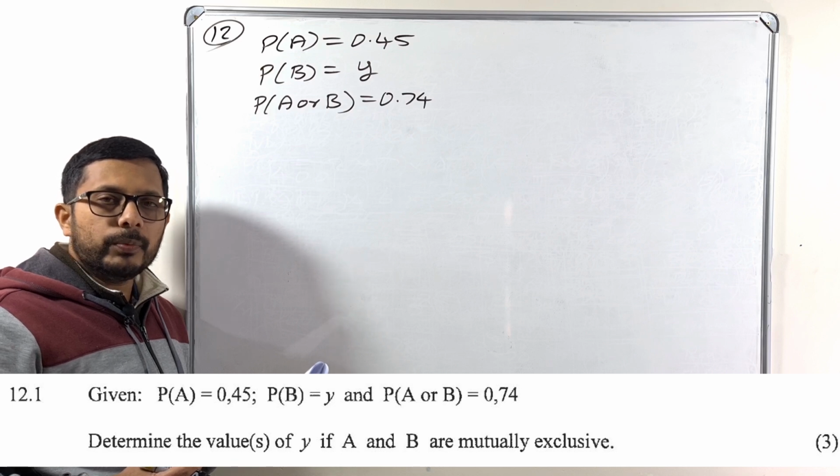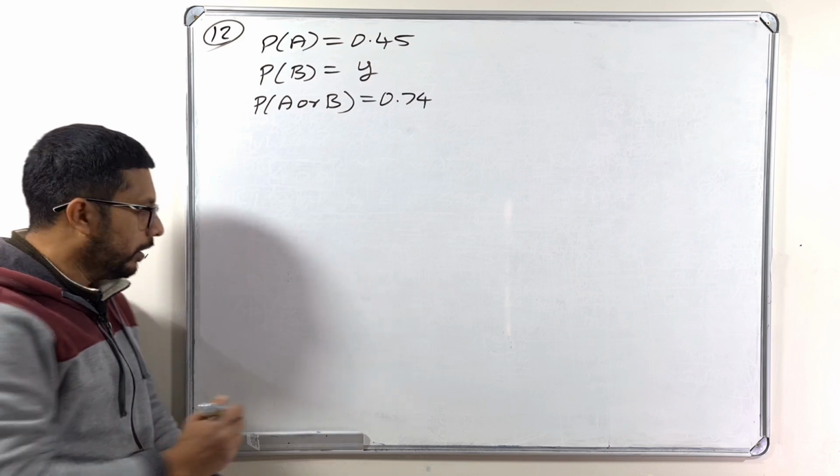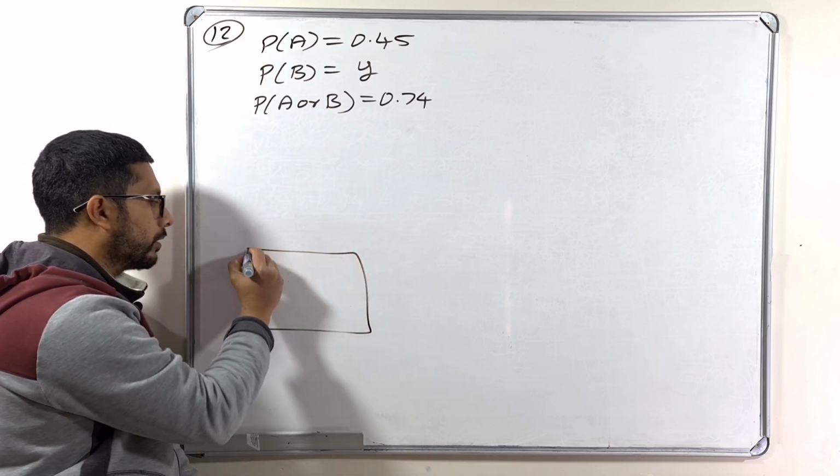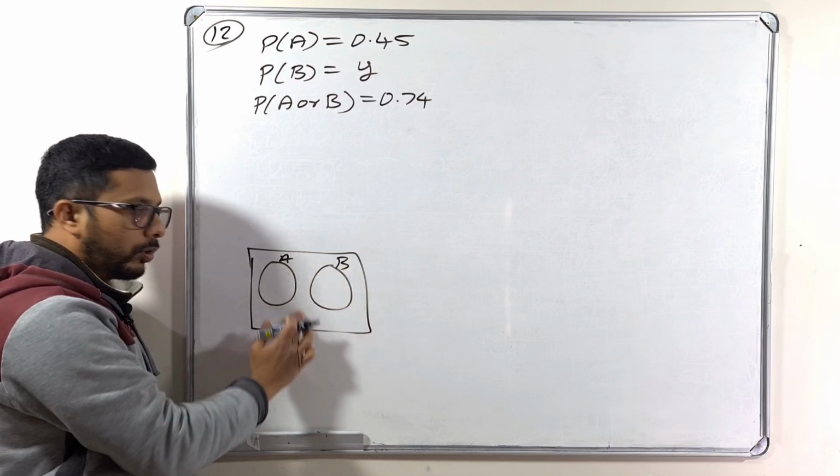What is the meaning of mutually exclusive? Nothing common. Am I right? If you draw a Venn diagram like this, mutually exclusive means like this: A, B, and there is nothing common.